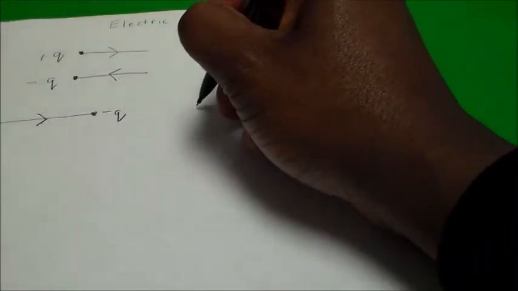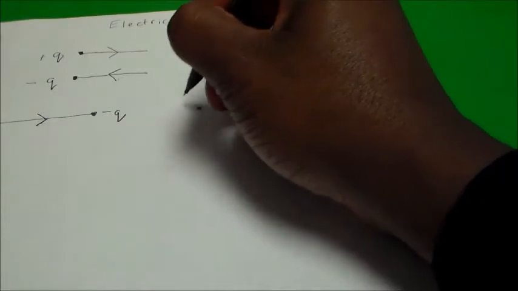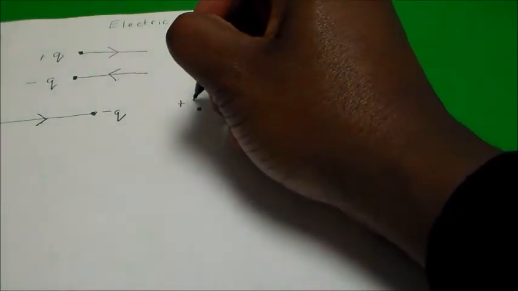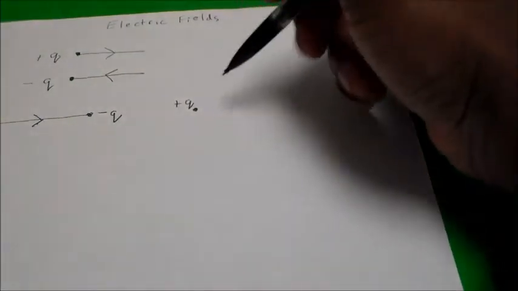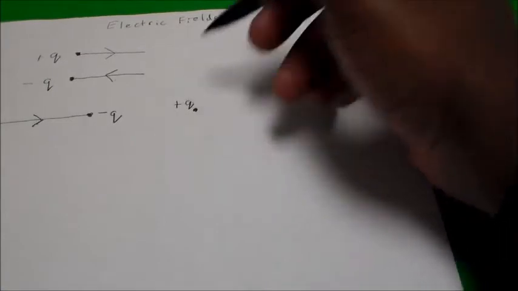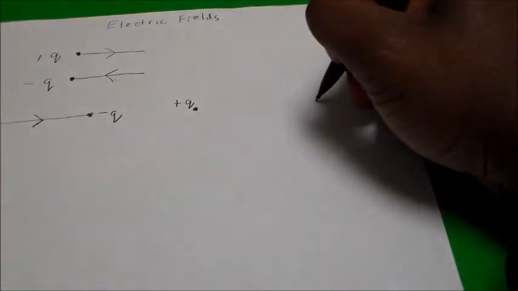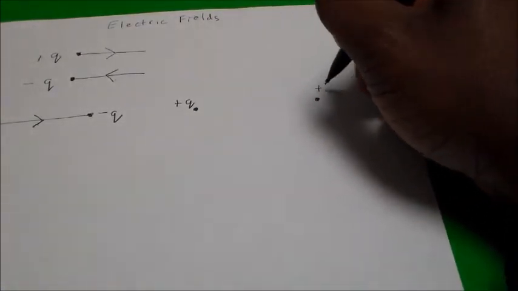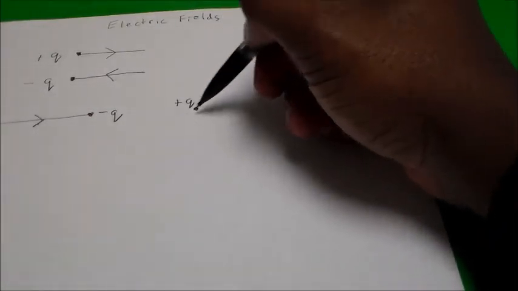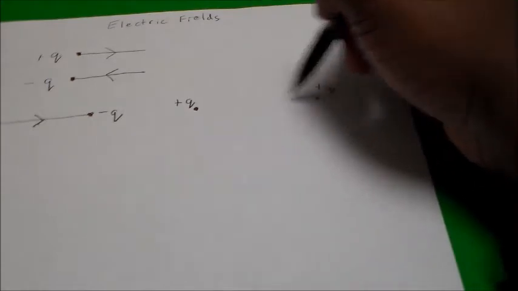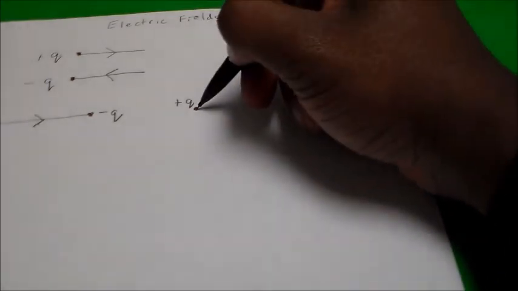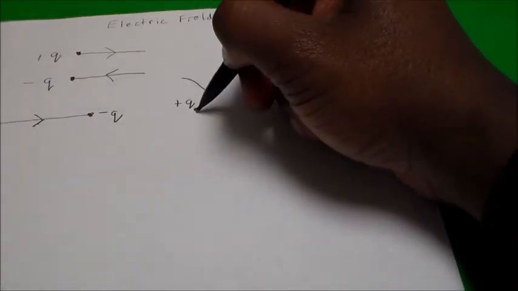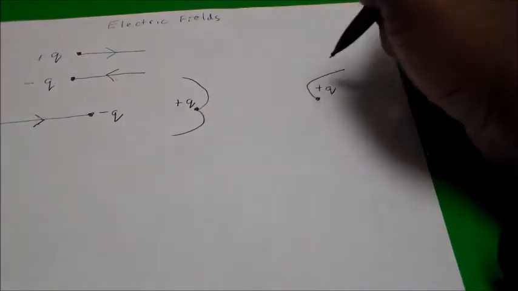If we had two charges that were both of the same sign, let's say both positive, we'd have this charge here and this charge here, both positive Q charges. In this case they would actually repel each other, and so the field lines for this charge and this charge would be repelling each other.